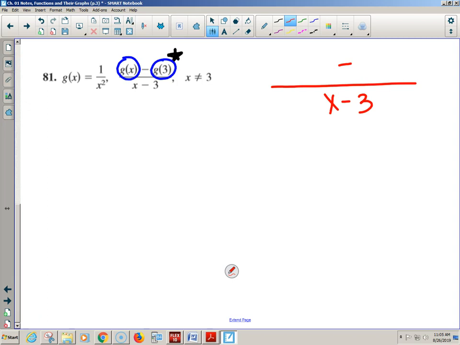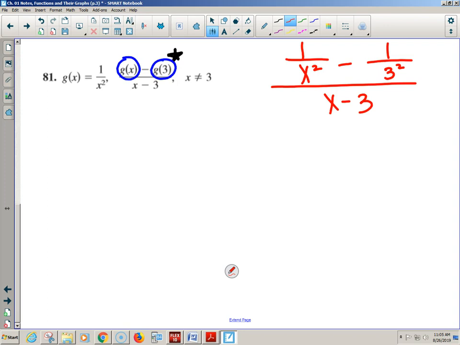So that stayed, but what do I need to put here? 1 over x squared, which is what the g of x is. And then what do I need to put here? 1 over 9, which comes from 1 over 3 squared, which comes from plugging 3 into g. So even if it looks different, there's still the idea of this big formula that needs plugging in when there's a specific function attached.